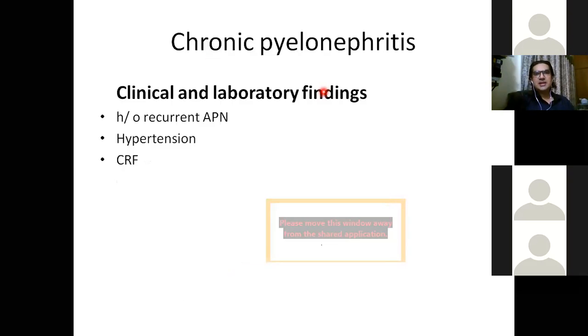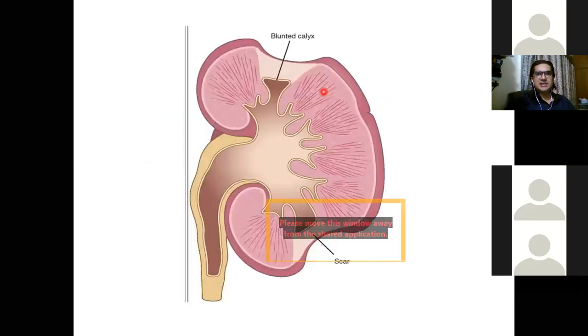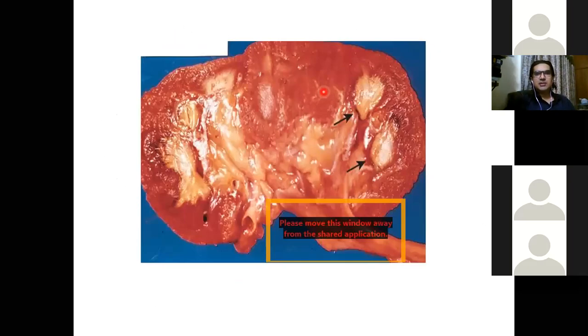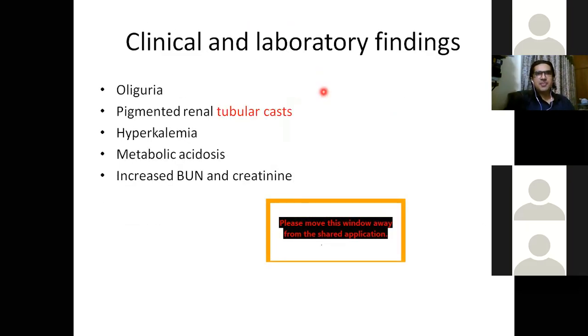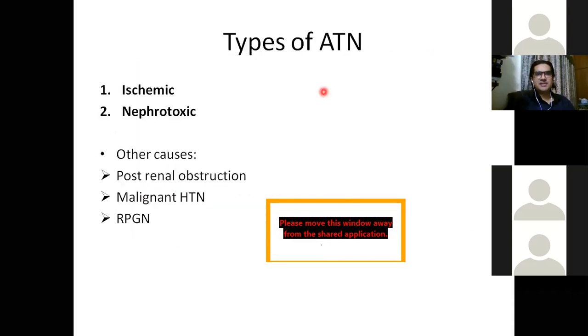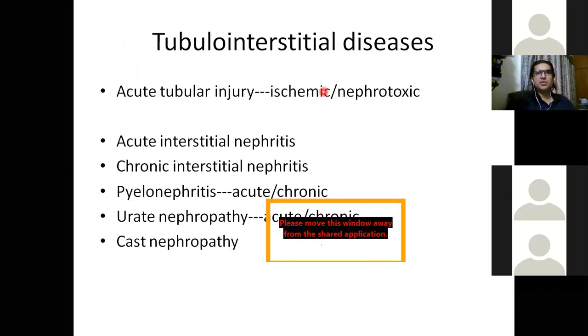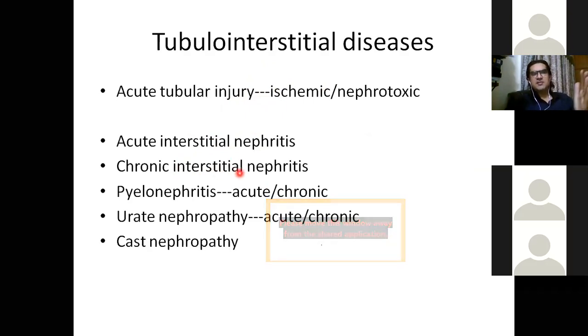So this ends our lecture. Today we have basically discussed tubulointerstitial diseases, and the categories which we have discussed are: number one, acute tubular injury, right, which can be ischemic or nephrotoxic type, and we have discussed acute interstitial nephritis, which is caused by drugs, and there is a chronic interstitial nephritis, which is also called analgesic nephropathy, and one of the complications of it is acute papillary necrosis.